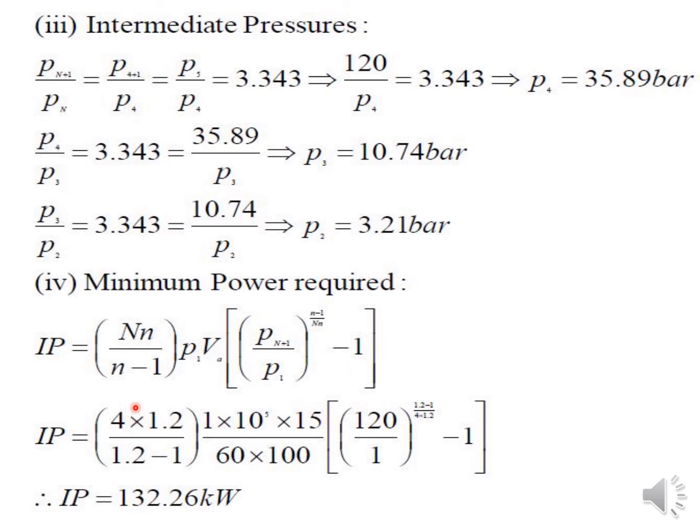Here it is a 4 stage cylinder, so here and here you substitute 4, rest all things are the same. P1 is 1 bar, which was given, and it is converted into pascals. VA is 15. So these are all unit conversion parts. It comes to around 132.26 kilowatt.